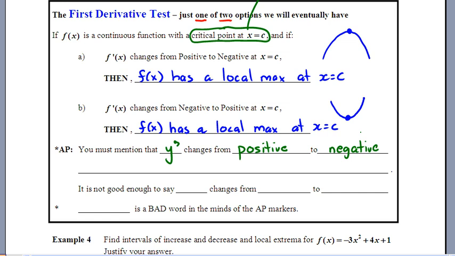You have to mention that it does that, and then you have to say, oh yeah, look, it happened at x is equal to c. You have to own this question and say it's happening right here. So that x is equal to business, that's the place where the maximum is located. And again, I'm assuming we're doing a maximum for now.